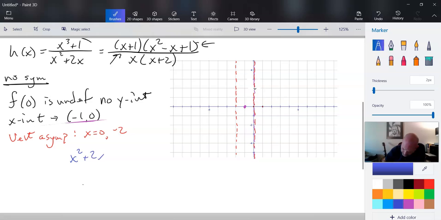X squared plus 2x into, now I need to add all these things in there. I got x cubed plus 0x squared plus 0x plus 1. So I need to see what I get when I divide by this thing.